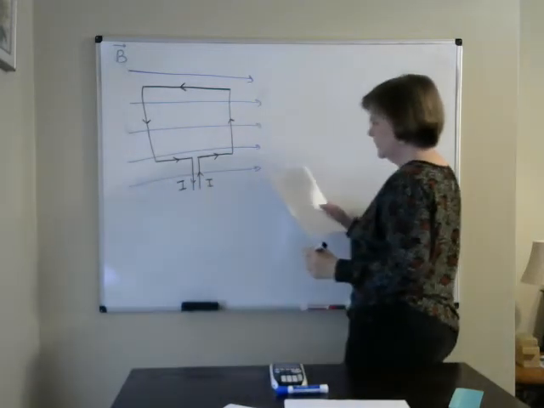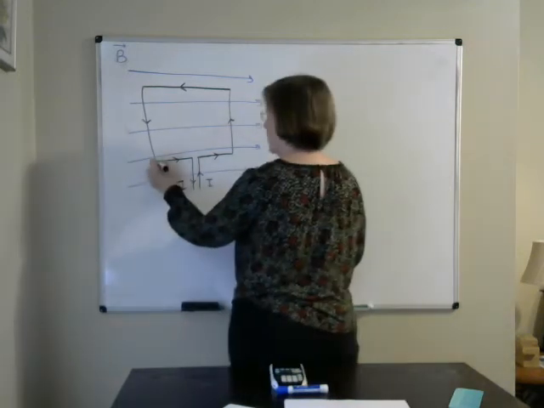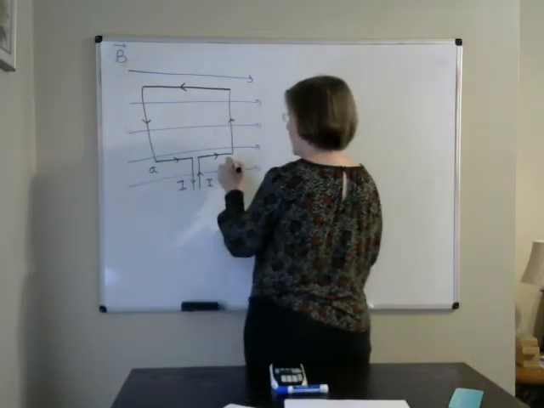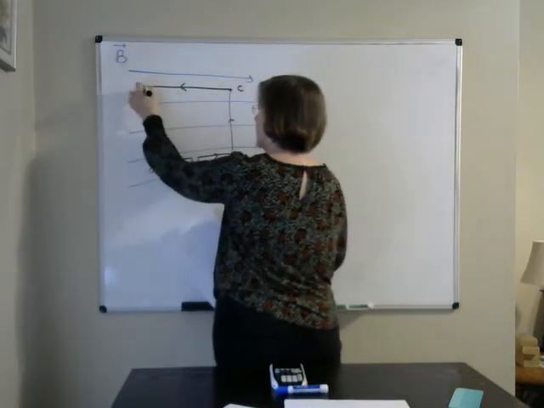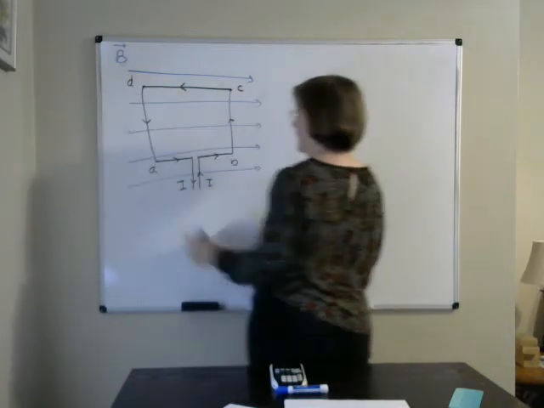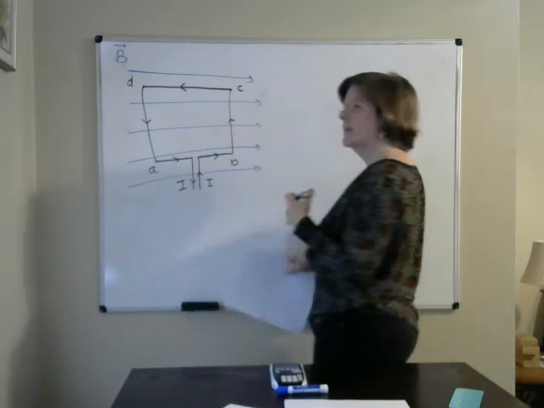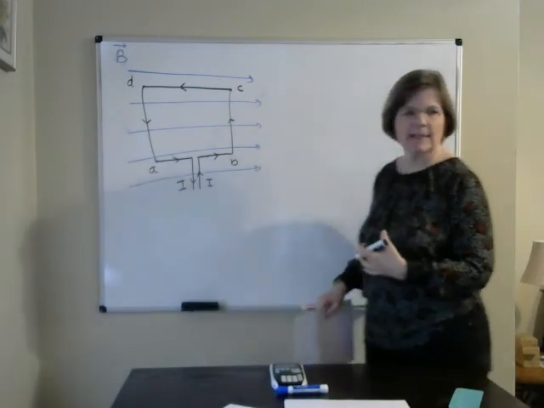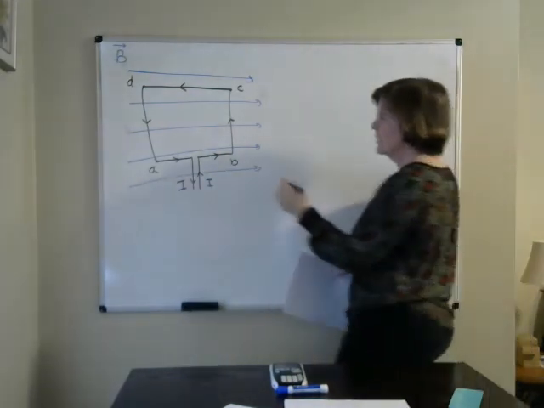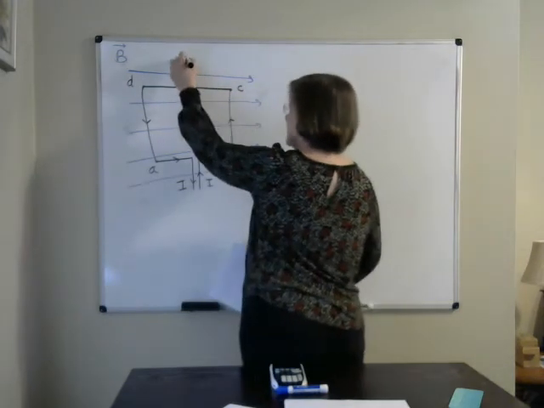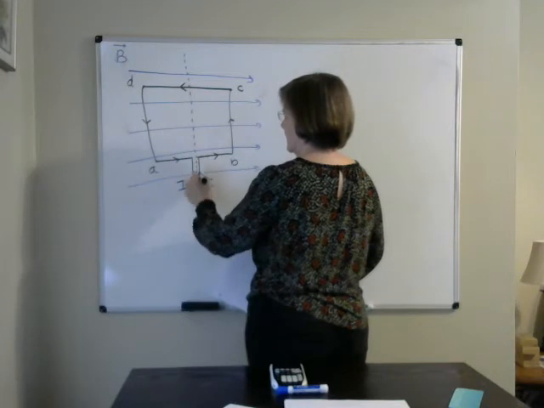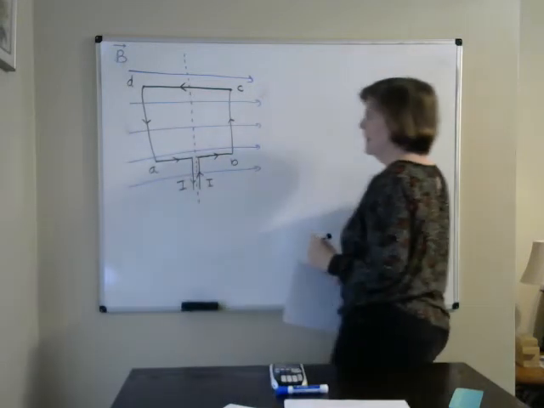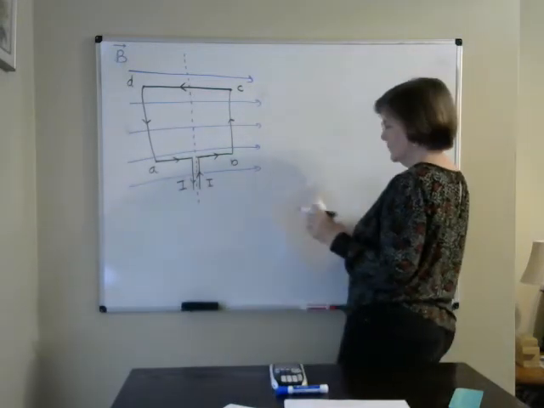So there's my loop. I'm going to label the corners A, B, C, D. I'm not going to go over the mechanics of how it's assembled, but it's free to rotate about an axis that's going to run right like this. That would be our axis of rotation.